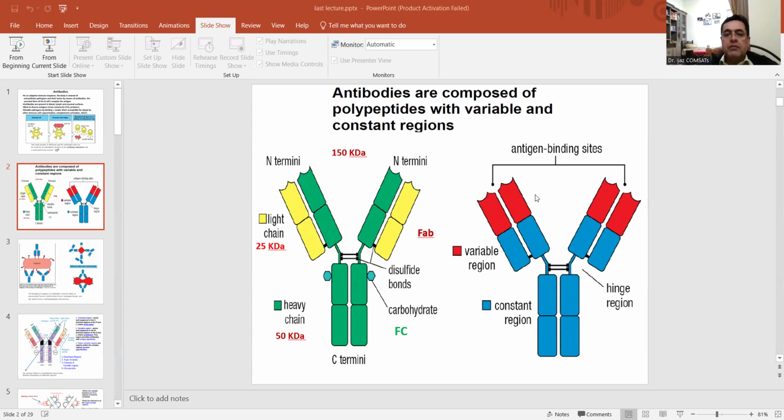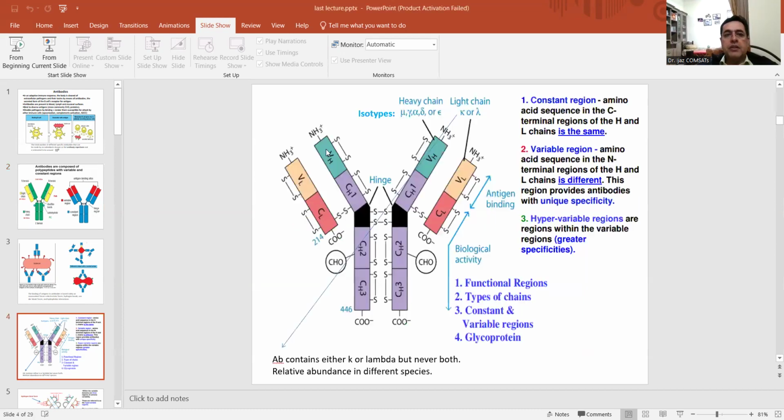So there should be a lot of variation while making these molecules or these antibodies inside our bodies. So this variation is ensured at the genetic level, and we are going to discuss this variation in detail.